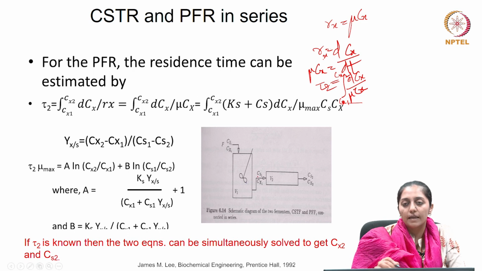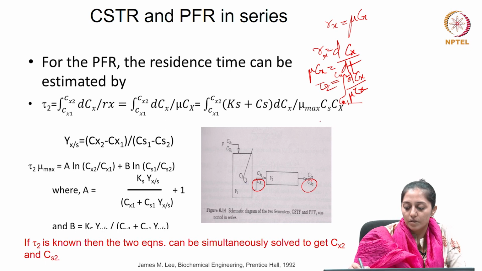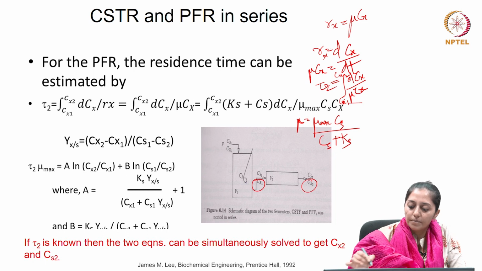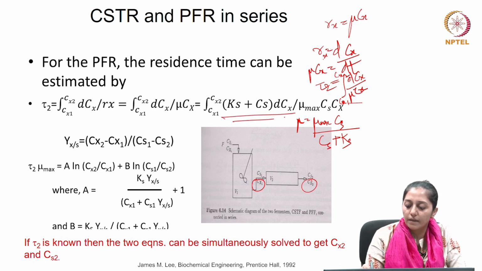Cx1 is the inlet biomass concentration and Cx2 is the outlet biomass concentration in this plug flow reactor. Further, because mu follows Monod's model, it can be represented as a function of the substrate concentration. If we substitute here, we can write it like this.